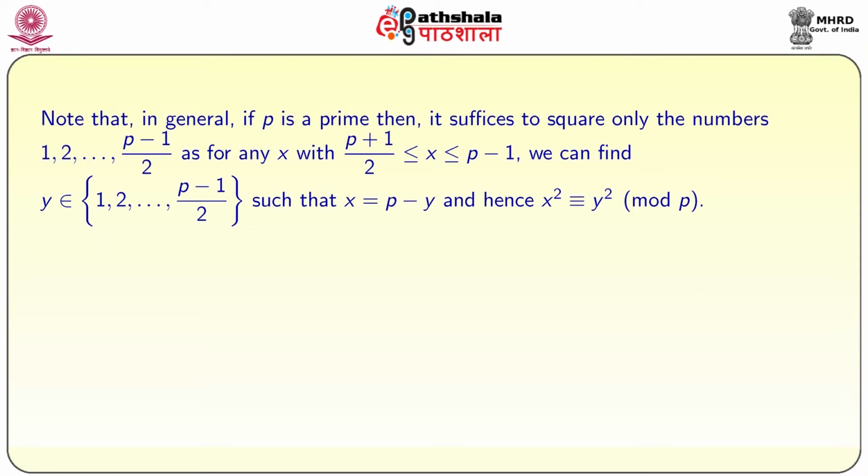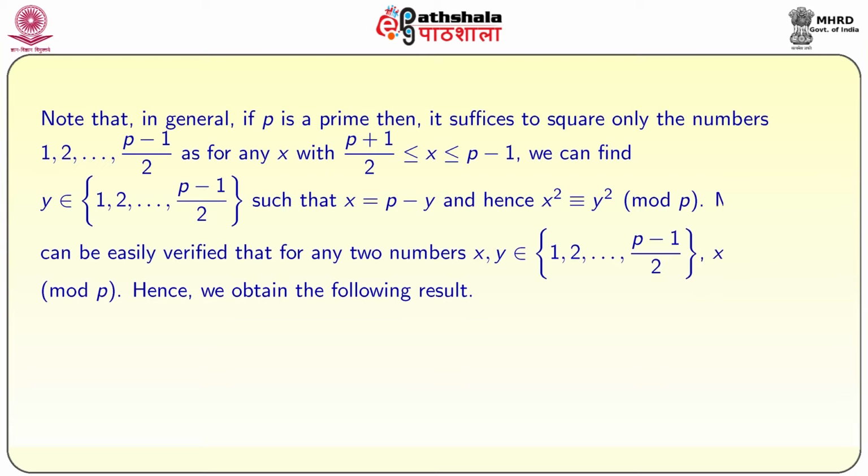So it is sufficient to consider only the numbers 1, 2 up to p minus 1 by 2. It can be easily verified that for two numbers x comma y belongs to 1, 2 up to p minus 1 by 2, x square is clearly not congruent to y square mod p. Hence we have the following result.